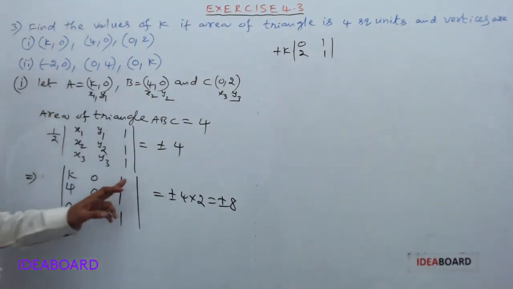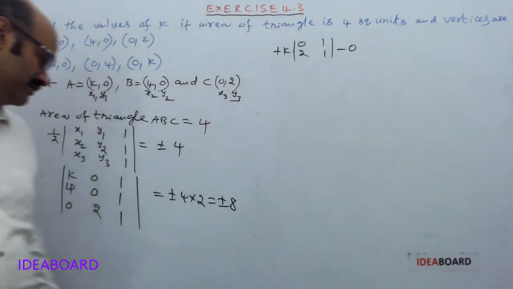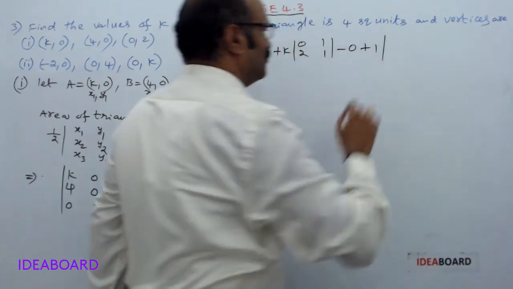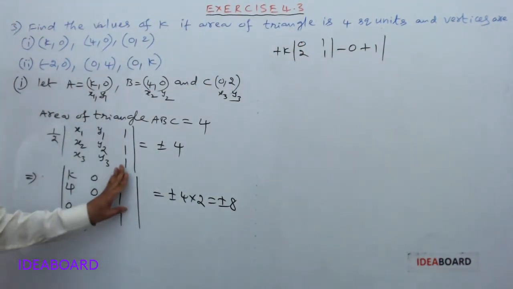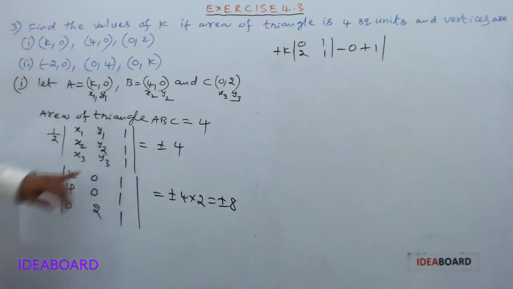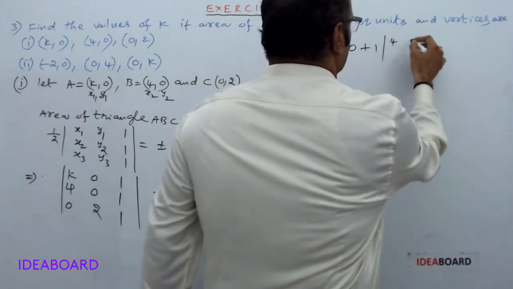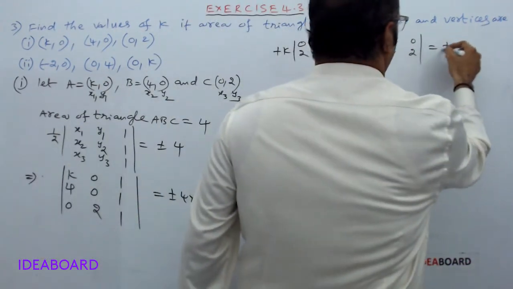Next, minus 0 into anything is 0, so write minus 0 directly. Next plus 1 into the determinant of the element 1 in the first row and third column. Close the third column and first row. Remaining elements 4 0, 0 2, equal to plus or minus 8.